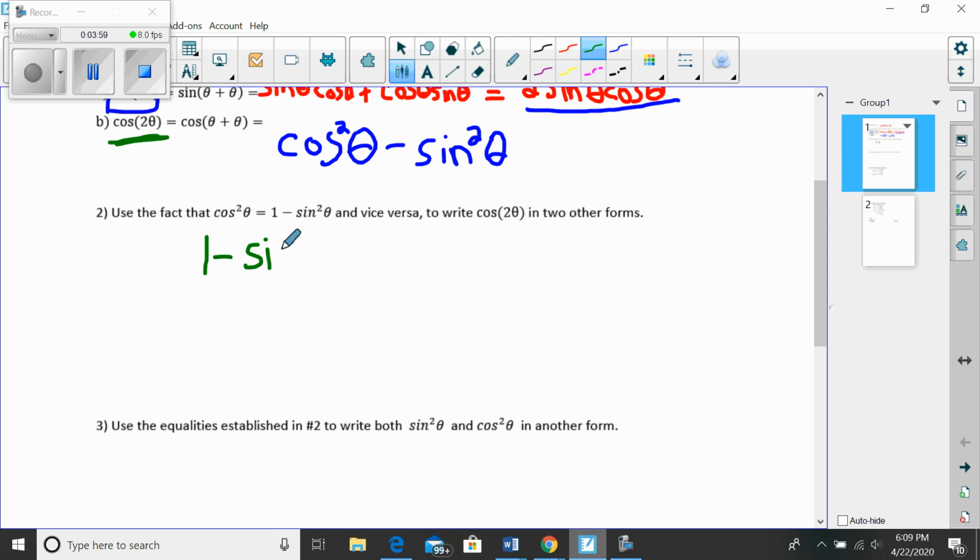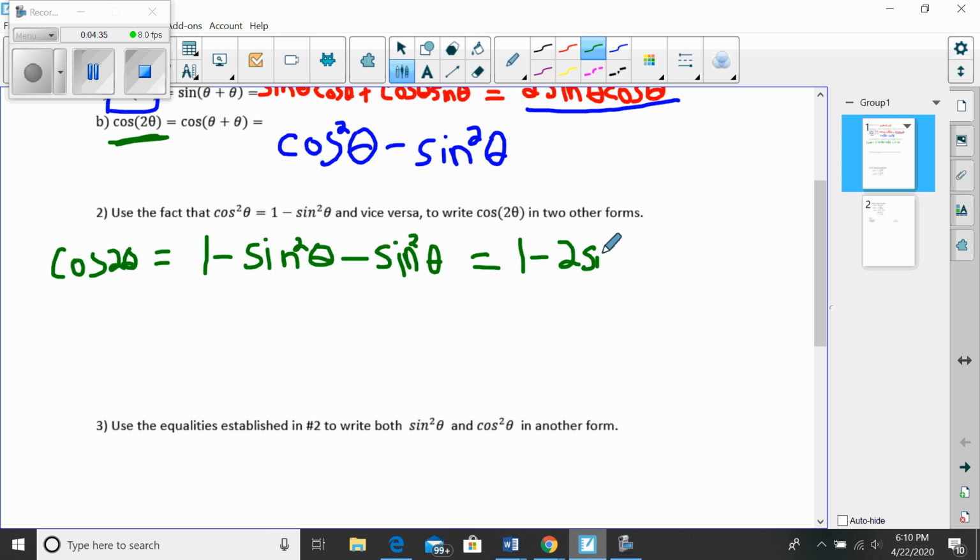Right, so I'm putting that in place of cosine squared theta up in that expression in blue up above, and I would get this. Right? So this would also be equivalent to cosine of 2 theta because I took its equal and I replaced something with its equal. Right? So I've said many times before, if you want to be a good mathematician, you just have to substitute things for their equal. All right, so this is another way that I could write cosine 2 theta.